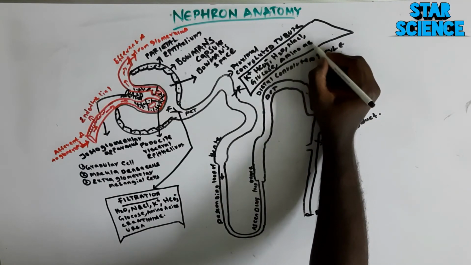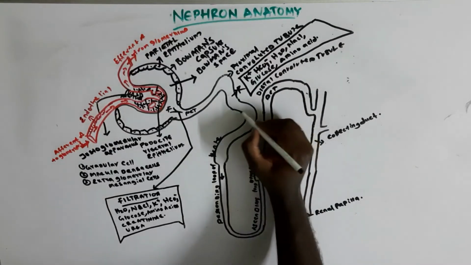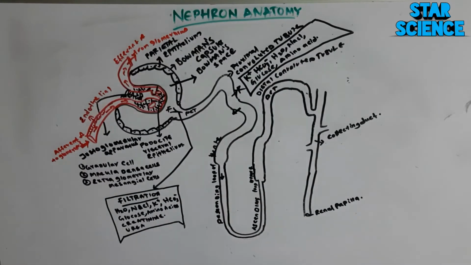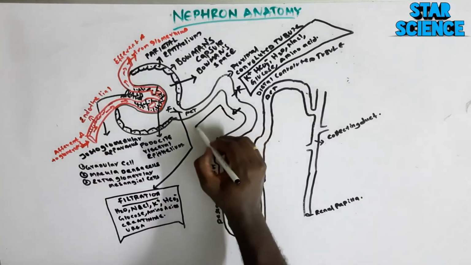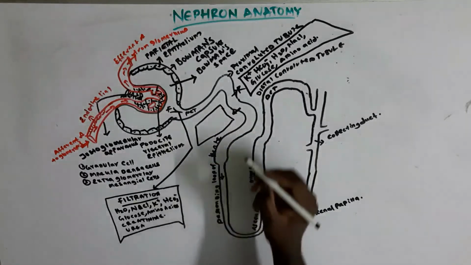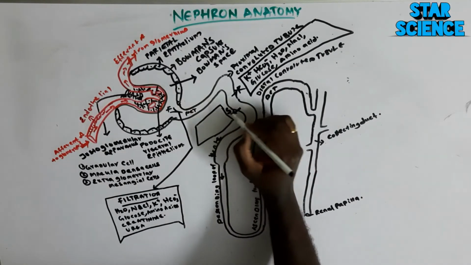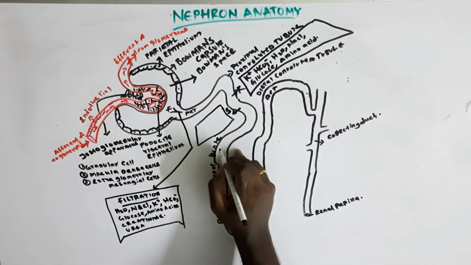So you have to remember, it's very important to know that filtration is nothing but the waste from the blood which is filtered through glomerular filtration, after which it passes from the Bowman space to the PCT. So in the PCT there will be two actions, one is reabsorption and the next one is secretion. Reabsorption, we have given the content of what is reabsorbed.